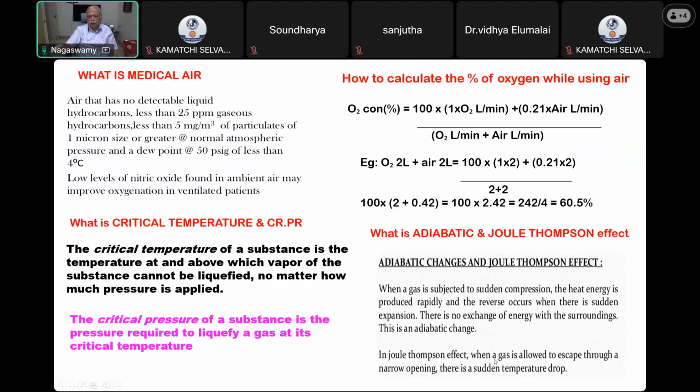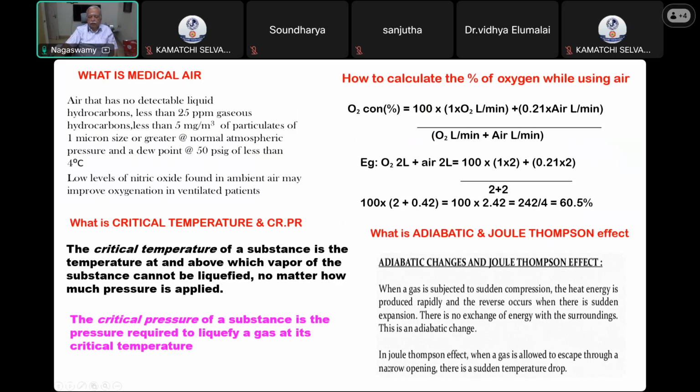And in Joule-Thomson effect, when the gas is allowed to escape through a narrow opening, there is a sudden drop in temperature, which will cool the air that is surrounding the gas cylinder. So what will happen? The water vapor in the gas cylinder will condense into water droplets, and that will get deposited. That you can see sometimes when you use the nitrous oxide cylinder.